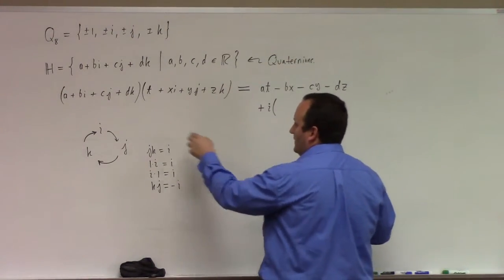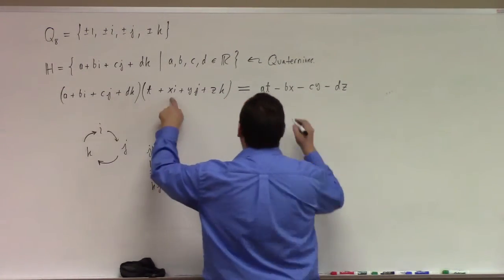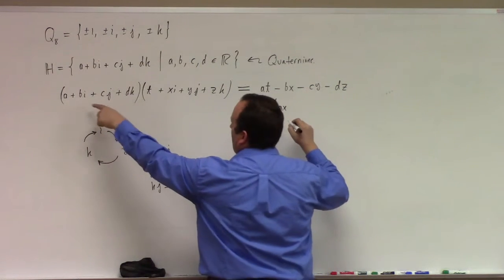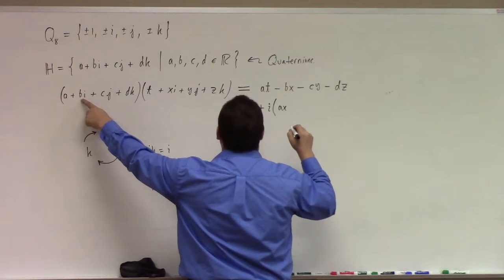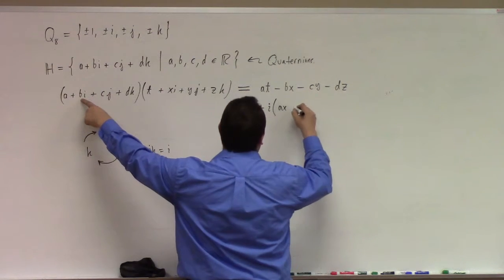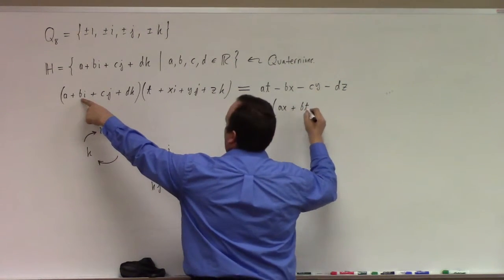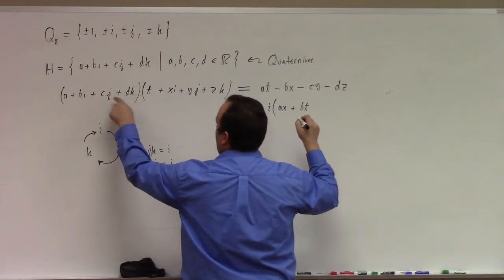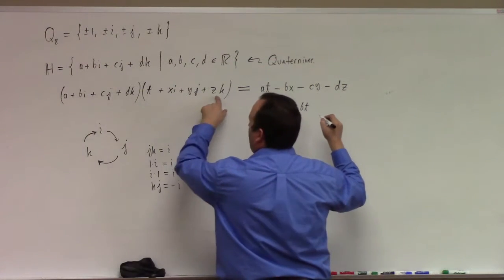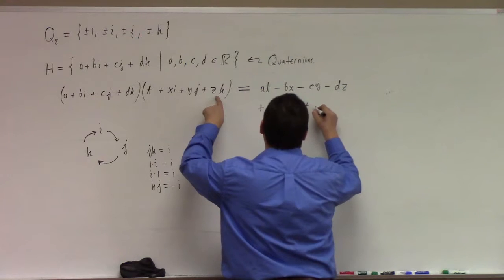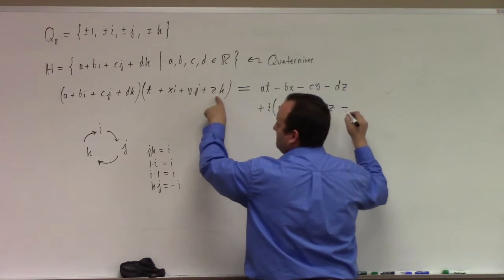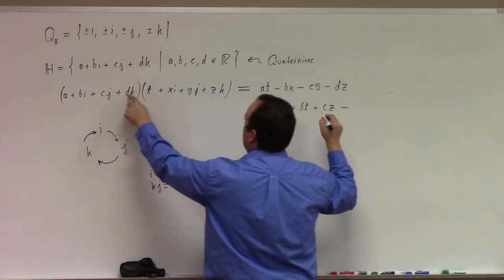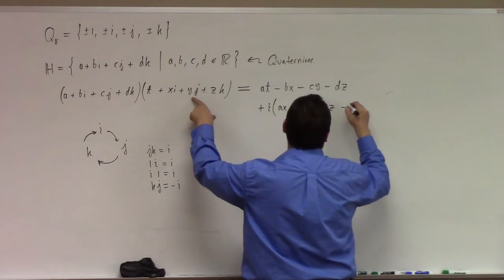So starting with ax, then bt, and then jk gives me i, so plus cz, and then minus dy.